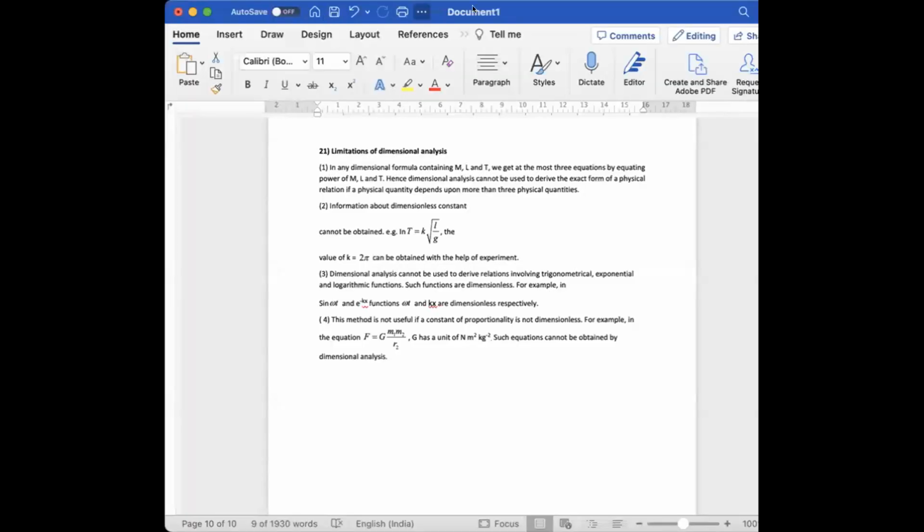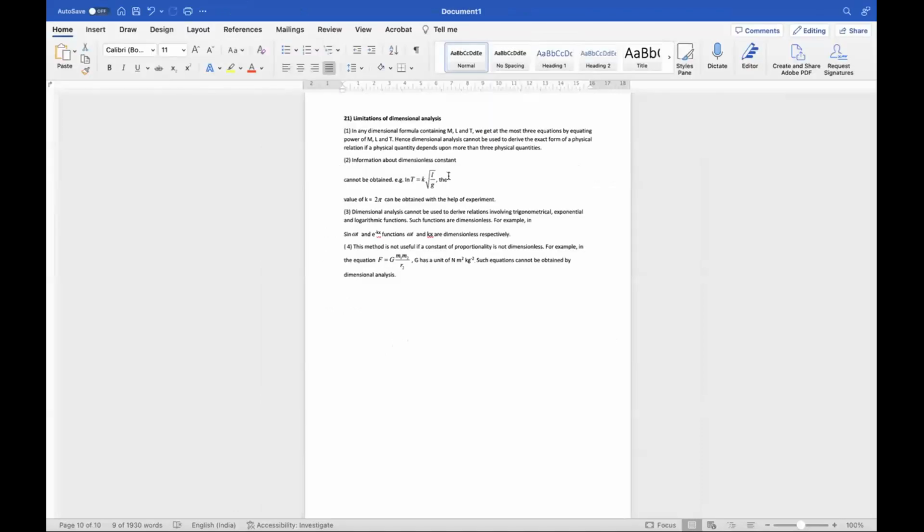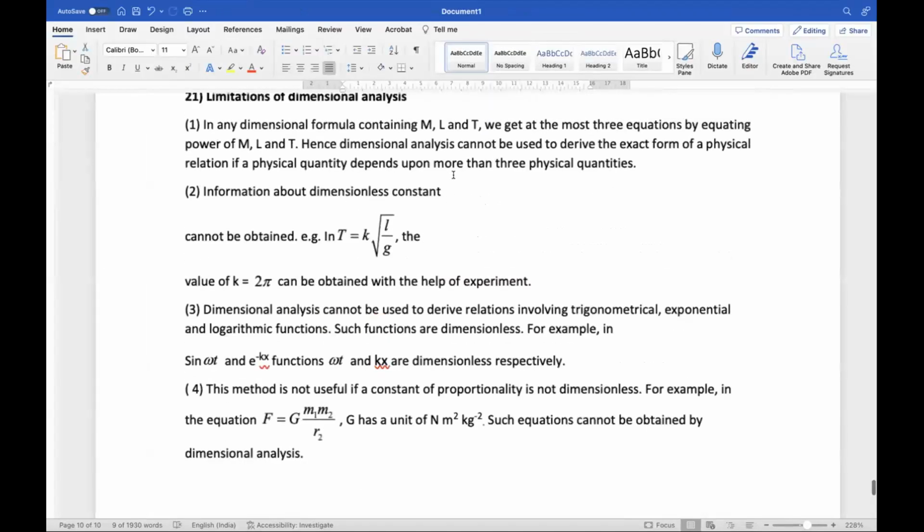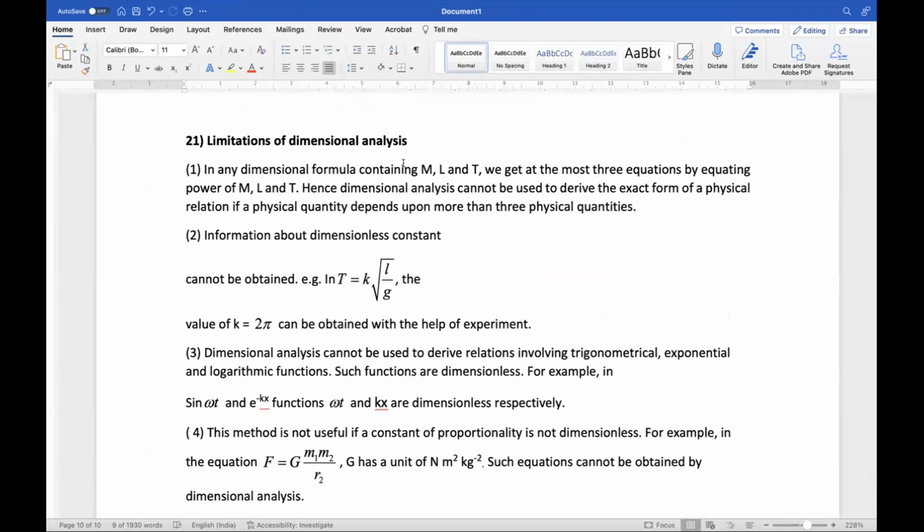The last point that I wanted to mention is the limitations that we have with respect to dimensional analysis. The first thing is, in any dimensional formula containing M, L, and T, we get at most 3 equations by equating the powers of M, L, and T, because you're writing M^a, L^b, T^c.